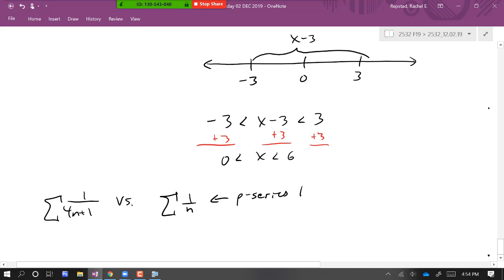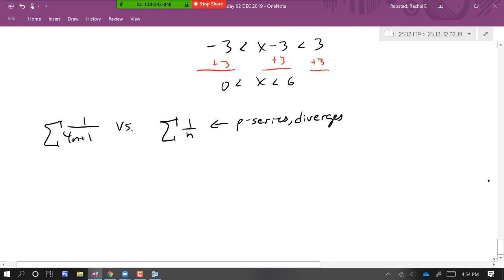Right. But I still need to do the comparison. I realize that now after doing all this review. One of the comparison tests will lead to frustration, and one of the comparison tests will lead to victory.